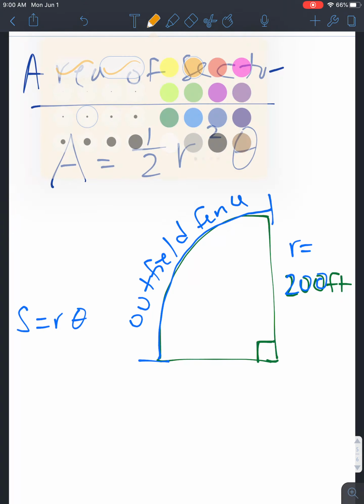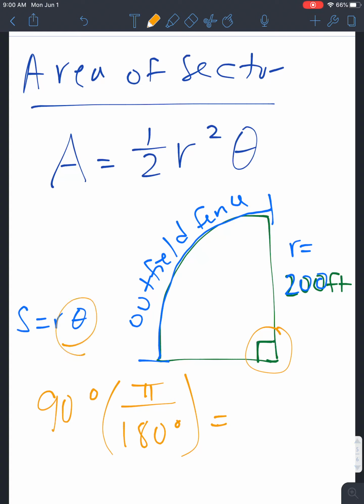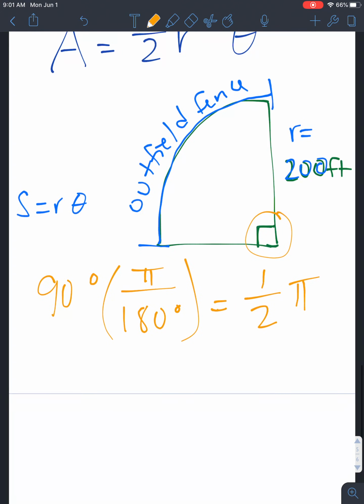Now theta is currently 90 degrees, but we're going to have to multiply that by pi over 180 degrees in order to get that into radians, because remember, this angle has to be in radians. So we have 90 degrees times pi over 180. 90 is half of 180, so that's 1/2 pi, or pi over 2 is usually how we write it.